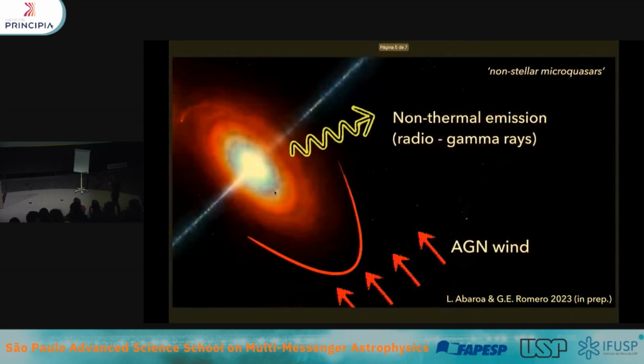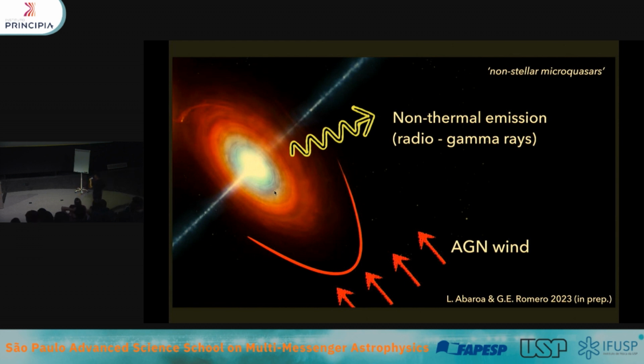So the basic idea, and this is the final slide, what we are thinking is that maybe the AGN wind that comes from the center of some galaxy interacts with some isolated stellar mass black hole, and via the Bondi-Hoyle-Littleton accretion regime, that is a cylindrical accretion regime, the matter forms a small accretion disk around this stellar mass black hole.